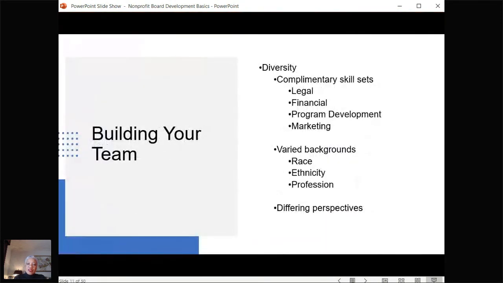And you also want to make sure that there is diversity on your board. First of all, you need diversity of thinking. You don't want all the people on your board to think alike. You want to make sure also that they have complementary skill sets. And really good skill sets in an ideal sense would be someone with a legal background, someone with a financial background, someone who understands program development.